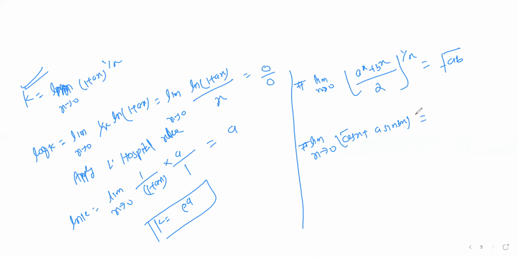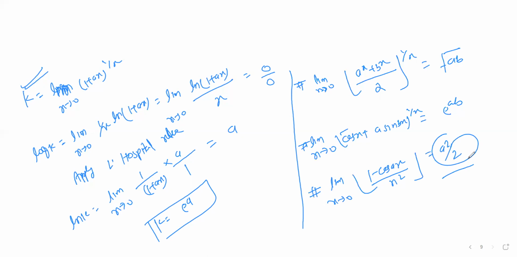If you do it in the same way, you will get e raised to a. And the last one: limit x tends to 0, 1 minus cos x by x square, its limit value is given as 1 by 2.